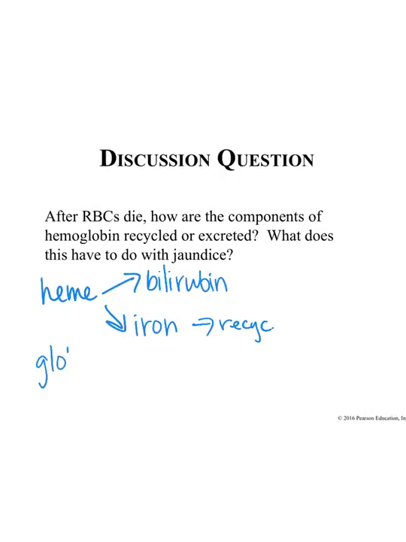So the globin portion, those are your proteins. Proteins are made of building blocks amino acids. So amino acids like iron will be recycled. So again, jaundice occurs when bilirubin builds up and cannot be excreted by the body.